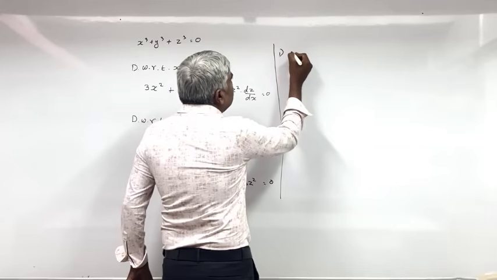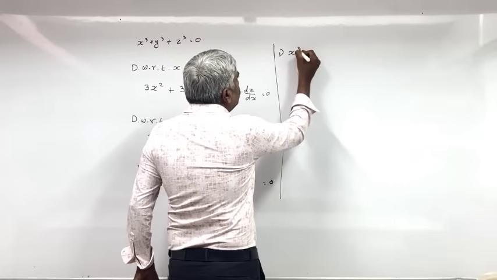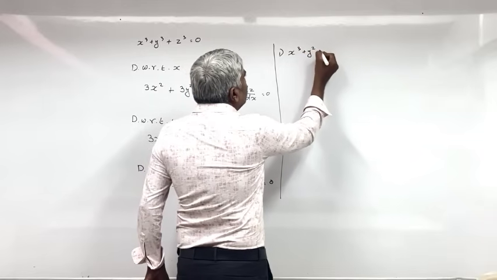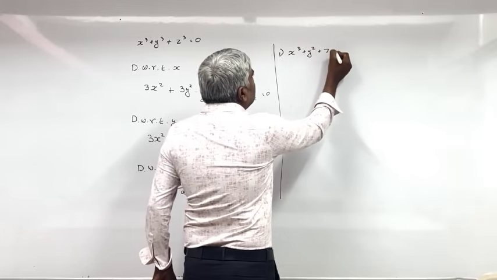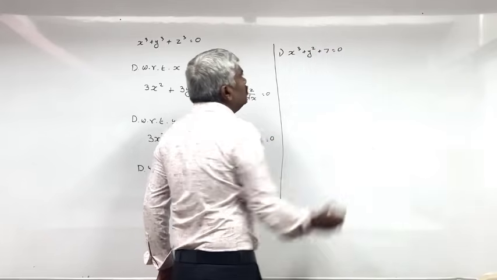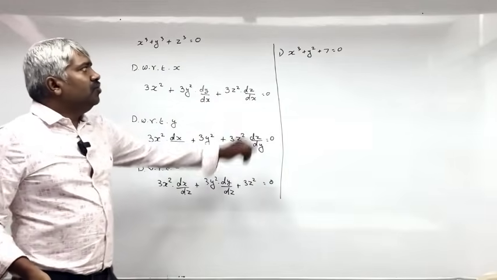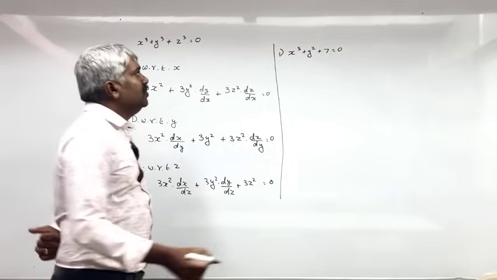First question, x cube plus y square plus 7 equals to 0. Right? Now you need to differentiate this term.